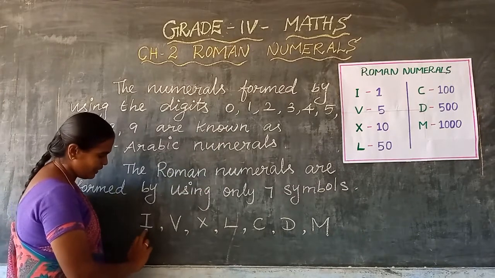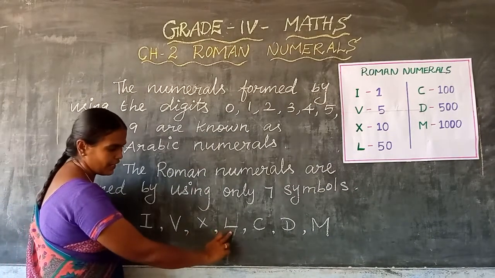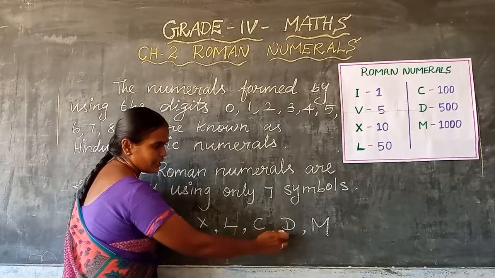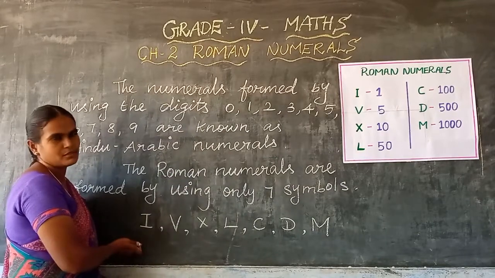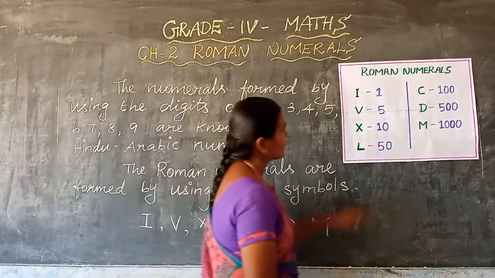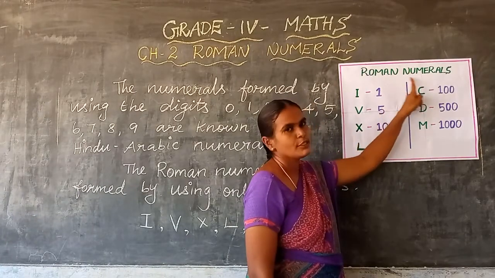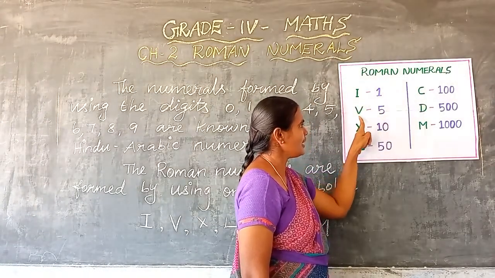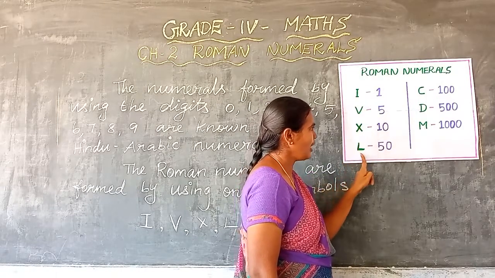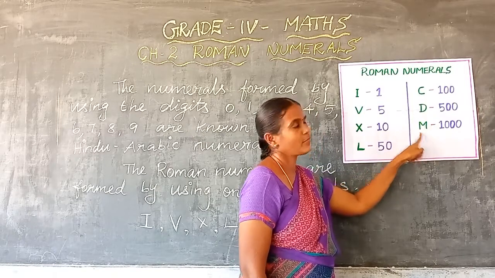What are those symbols? I, V, X, L, C, D, M. These are capital letters. Okay. Look here. Roman numerals: I, V, X, L, C, D, M.